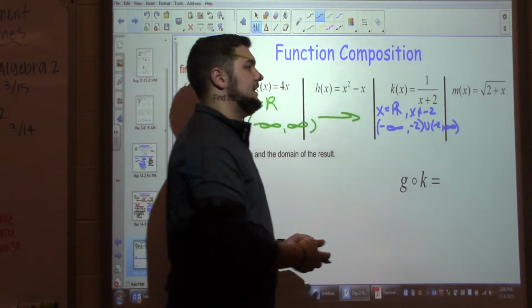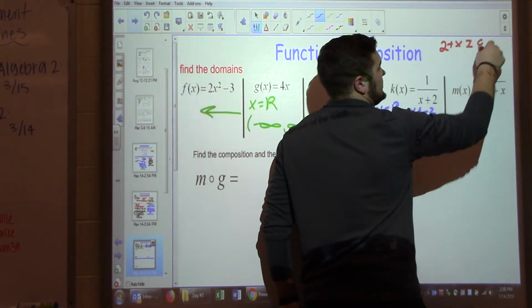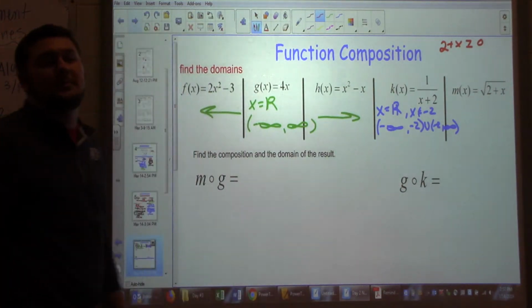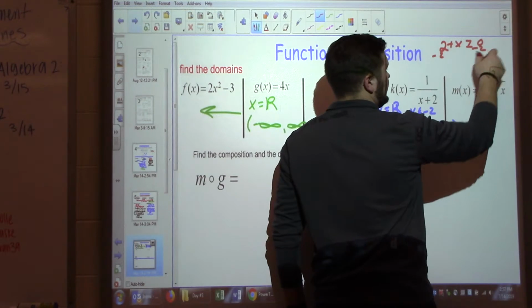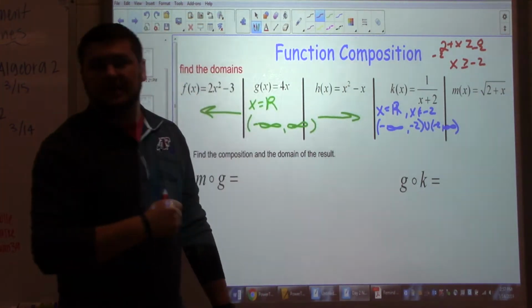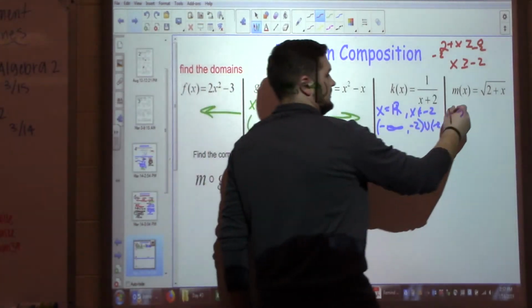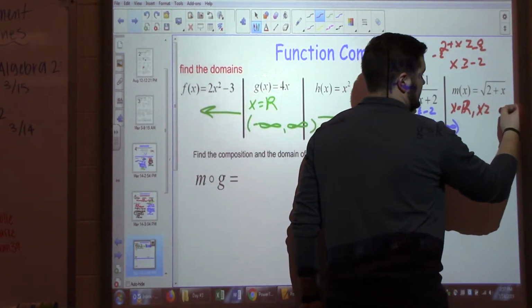And the last one, I can't have a negative under my radical. So I set 2 plus x greater than or equal to 0, because that will give me all positives. And then I go negative 2. Minus 2, x is greater than or equal to negative 2. So, the real number set, greater than or equal to negative 2.